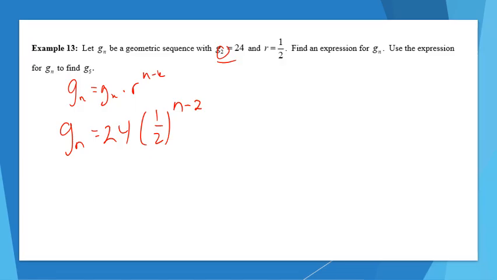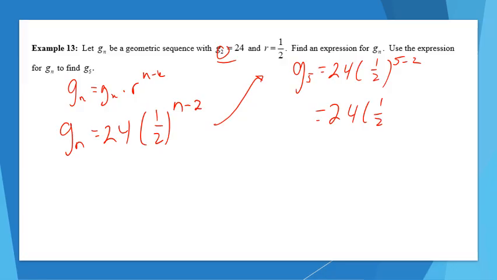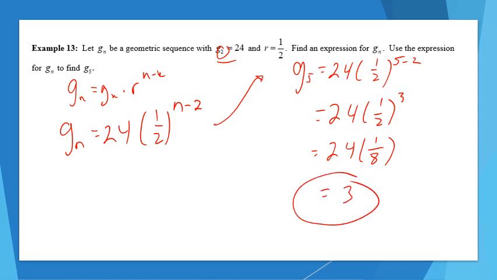This is our general formula, and then to find g of 5, we would plug that in. So 5 minus 2. This would be one that I would expect you to do without a calculator. So 1/2 cubed is 1 over 8, or 1 over 2 cubed, and then that times 24 should just be 3. Should be your answer for example 13.